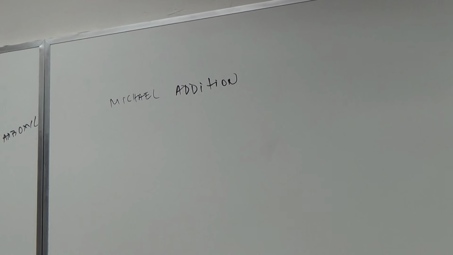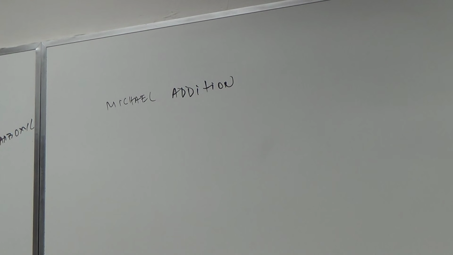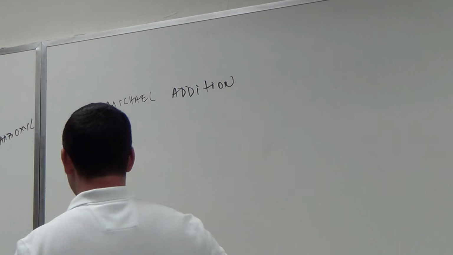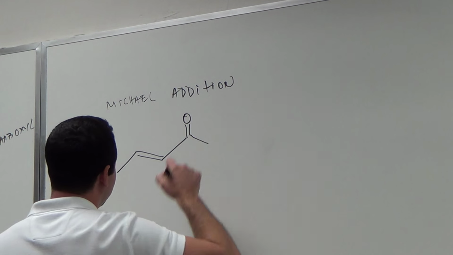Okay, and the aldol was either aldol reaction in which you have an alcohol, or aldol condensation in which you have what? What do you get from an aldol condensation? Alpha beta unsaturated. That's what we are going to use here. An alpha beta unsaturated carbonyl.